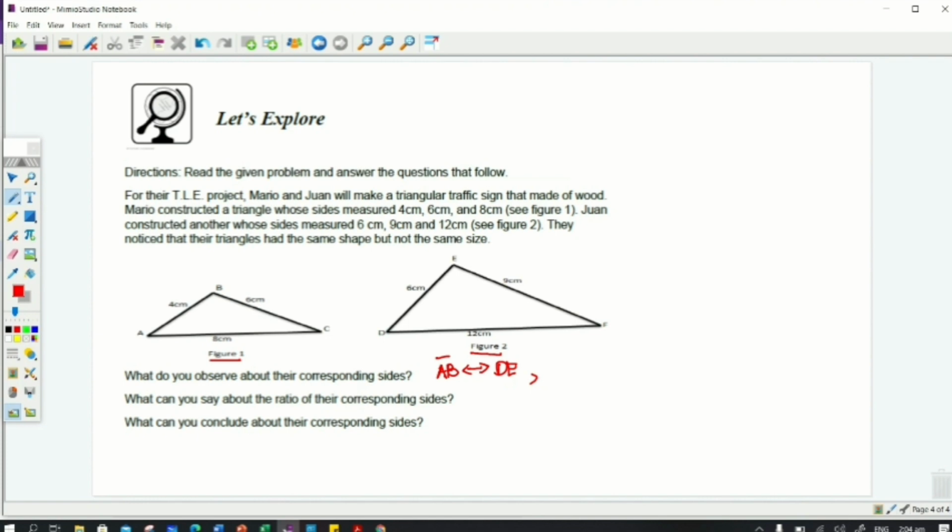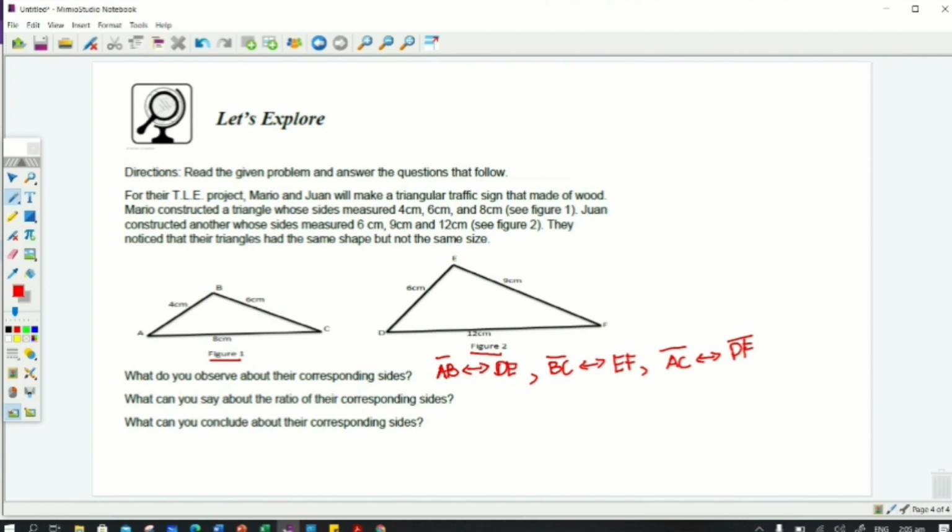Next, segment BC corresponds to segment EF. And lastly, side AC corresponds to segment DF. Also, examine the corresponding sides. They have different measures, right? Side AB measures 4 cm, and side DE measures 6 cm. But take note, they are corresponding sides.